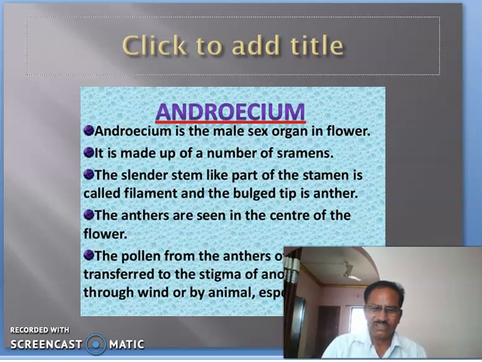The anthers are seen in the center of the flower. The pollen from the anthers of one flower is transferred to the stigma of another flower through wind or by animals, especially insects.